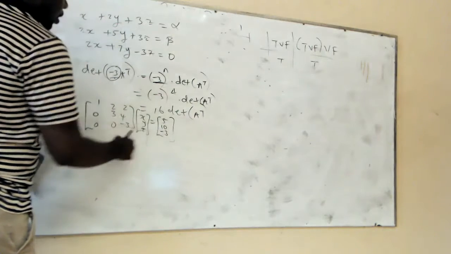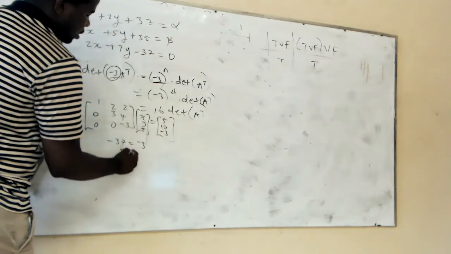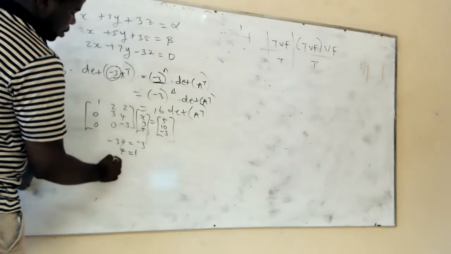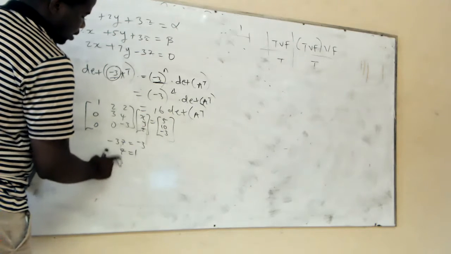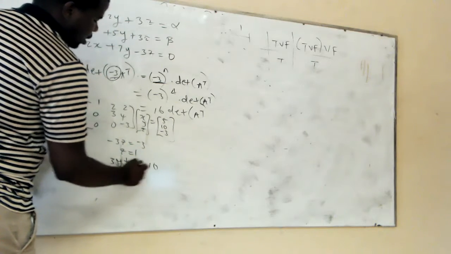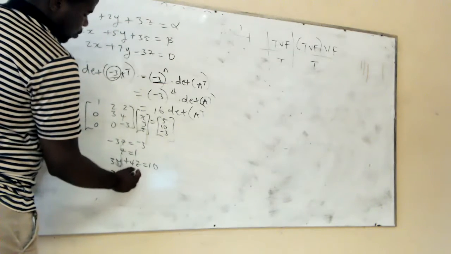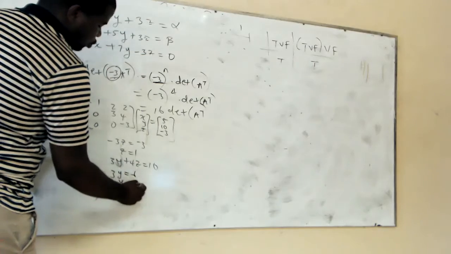You multiply this with that, it gives you -3z equal to -3, then z must be equal to 1. The second one is 3y plus 4z equal to 10. Where we have z, we substitute 1, therefore 3y equals 6, where y must be equal to 2.